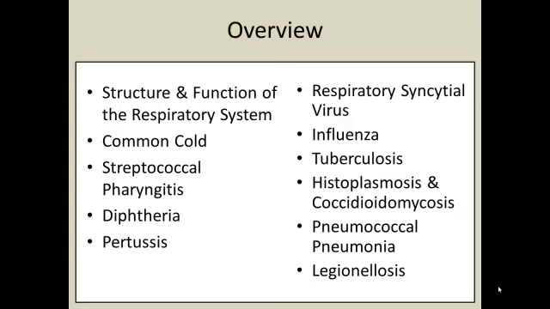Then we're going to cover the common cold, Streptococcal Pharyngitis or strep throat, diphtheria, and pertussis. In part 2, we're going to talk about respiratory syncytial virus, influenza, tuberculosis, the fungal causes of lower respiratory disease, pneumococcal pneumonia, and Legionella.